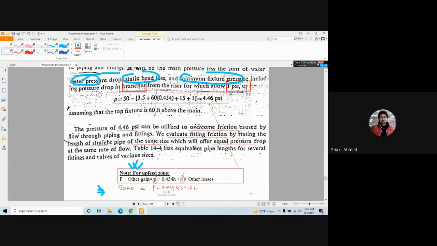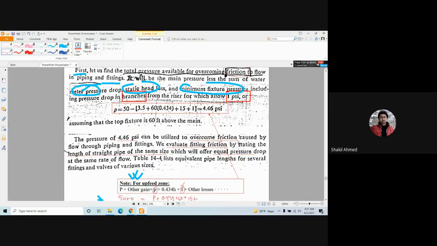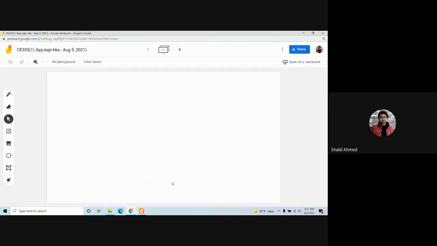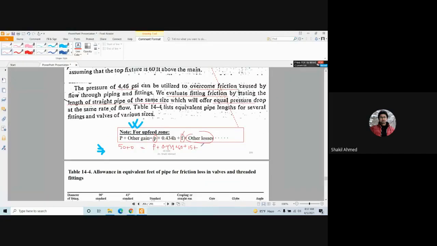Plus, let's assume the other losses here is representing the loss due to the water flow through the bends, these bends, and these types of fittings. And this is actually, let's assume this is 1. So you should put here 1.